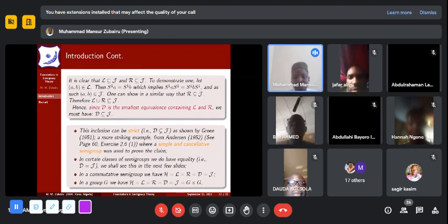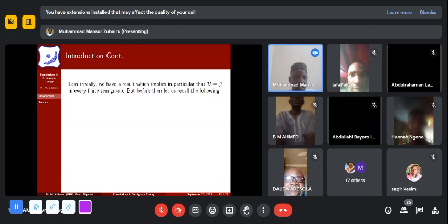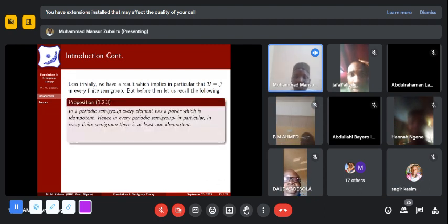And similarly, in a group G, we have just the universal relation on G. That is, they are all equal and they will be G cross G. You can demonstrate these two. Less trivially, we have a result which implies in particular that D equals J in every finite semigroup.